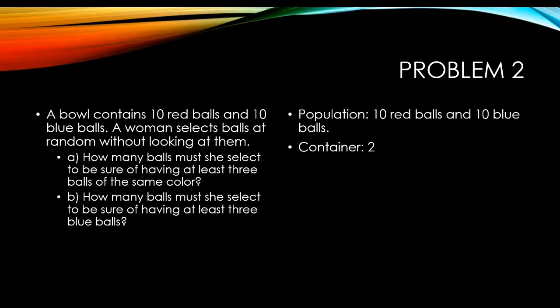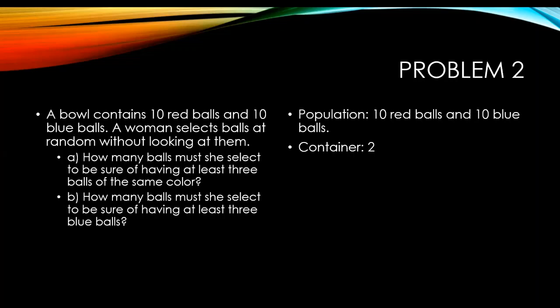But how many items do we need in one container so that we are done arranging? From the 20 balls, 10 red and 10 blue, how do we meet the requirement that at least one container contains 3 of the same color: 3 red balls or 3 blue balls?